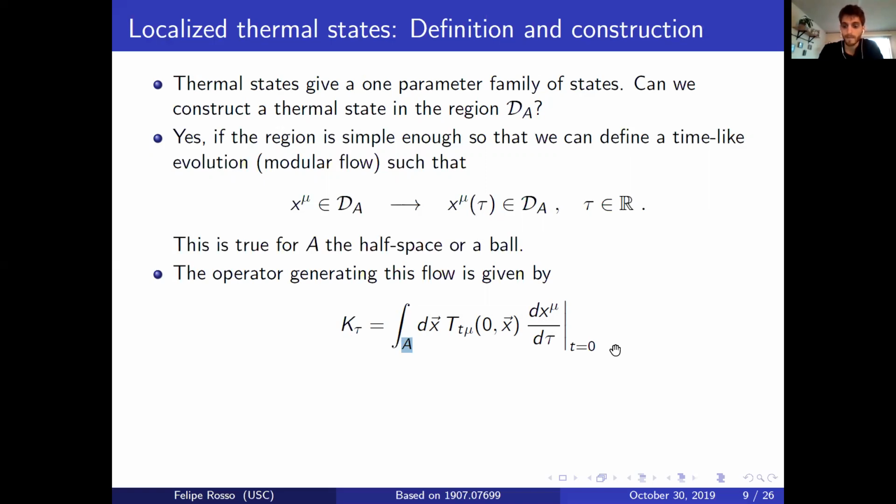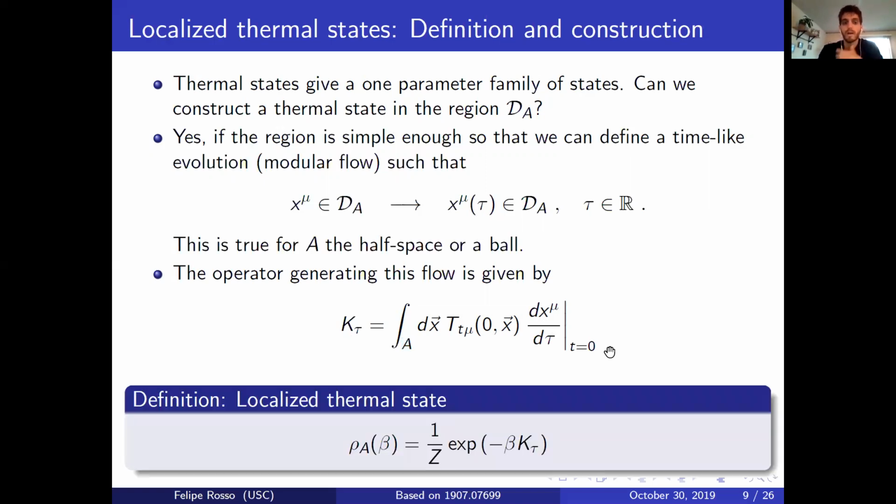So once we have this, we have a natural definition of a localized thermal state given by this equation over here, that is very natural in some sense. It's simply the exponential of minus beta, where beta is some type of inverse temperature, times this generator, okay? This generator that generates time translations in this region, okay? Remember, the region that we're going to consider is the half space or a ball, okay? Actually, in this talk, I'm only going to talk about the ball, since I think it's the most interesting result.